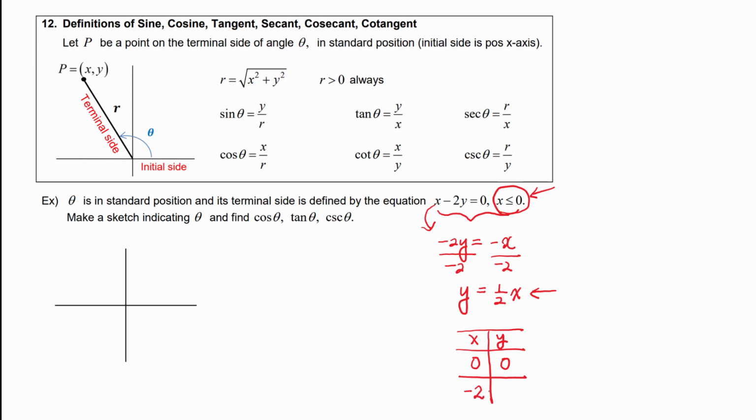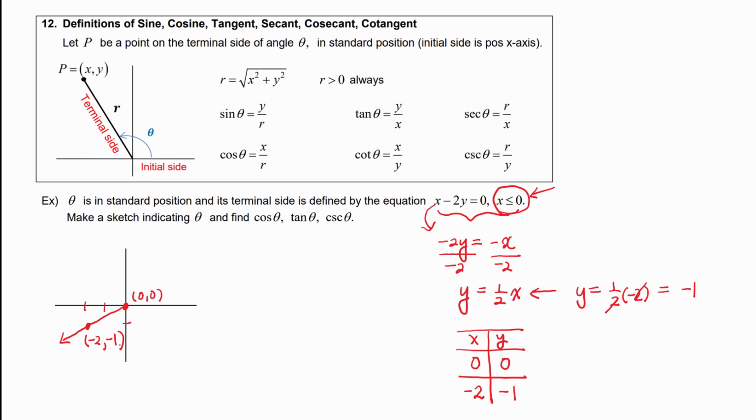When you plug that number in, y equals 1/2 times negative 2, the 2's cancel, and I get y equals negative 1. So here are the two points: (0, 0) and (negative 2, negative 1), and we get a ray passing through (0, 0) and (negative 2, negative 1).